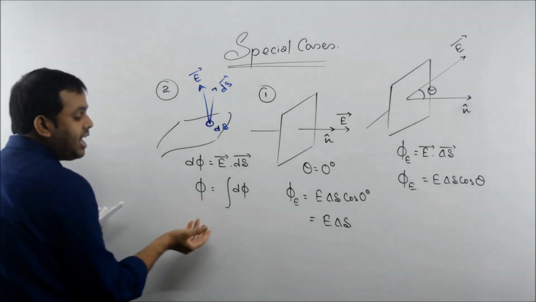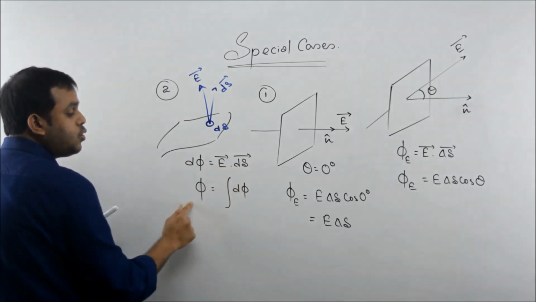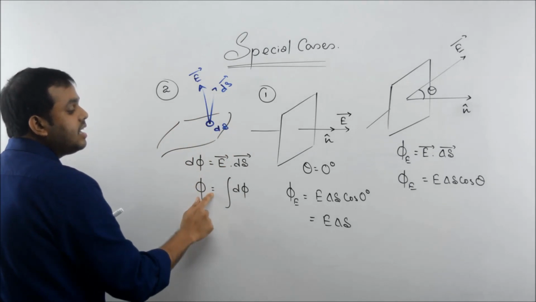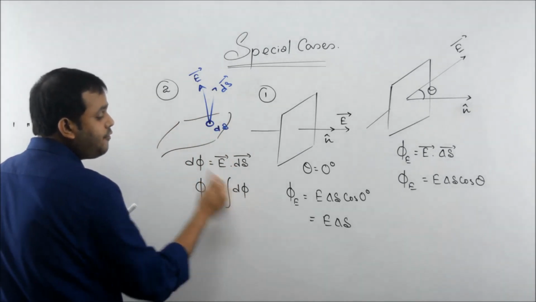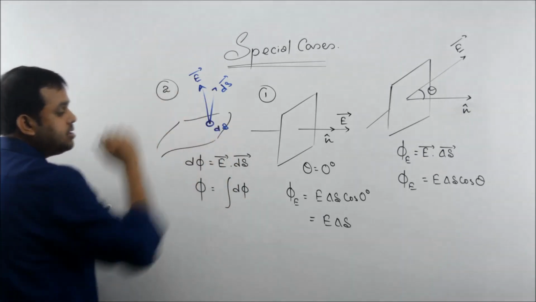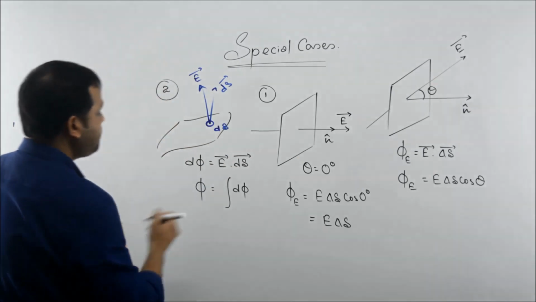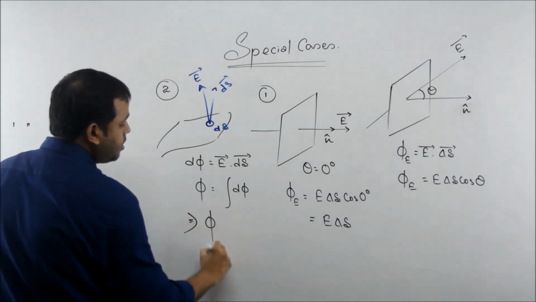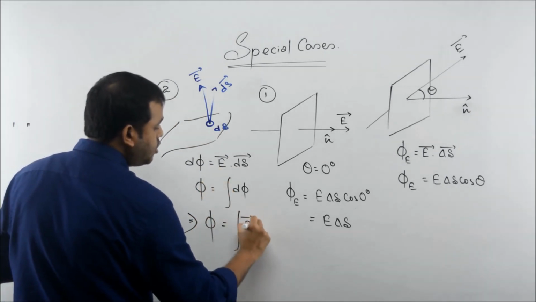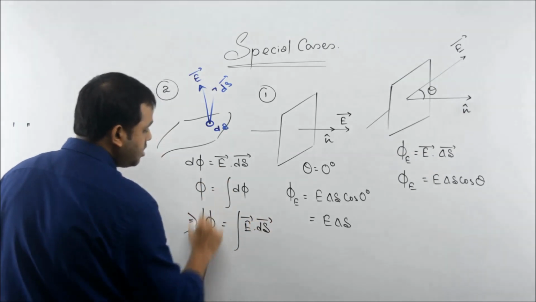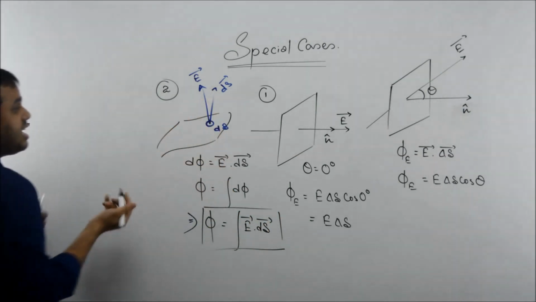So total flux through this entire area is equal to the addition of small fluxes through small elements. Obviously we can add electric flux because it is a scalar quantity. So it will be equal to integration of d phi, you can write E vector dot ds vector. Clear, students?